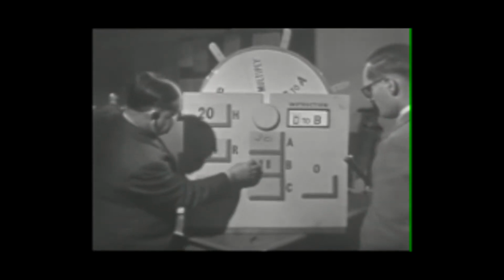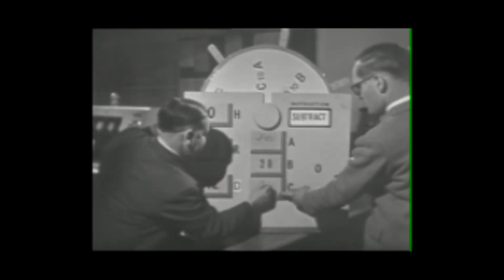Controller gain, C to A, C to A, the controller gain, D to B, where am I, D to B, control again, subtract 70. Control again, C2O, C2O.